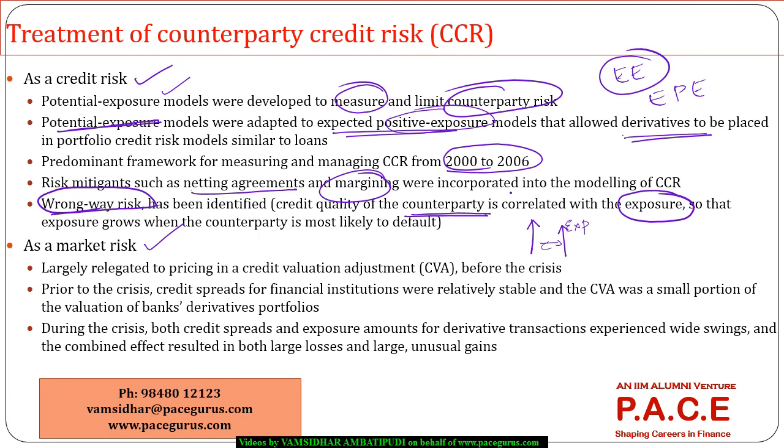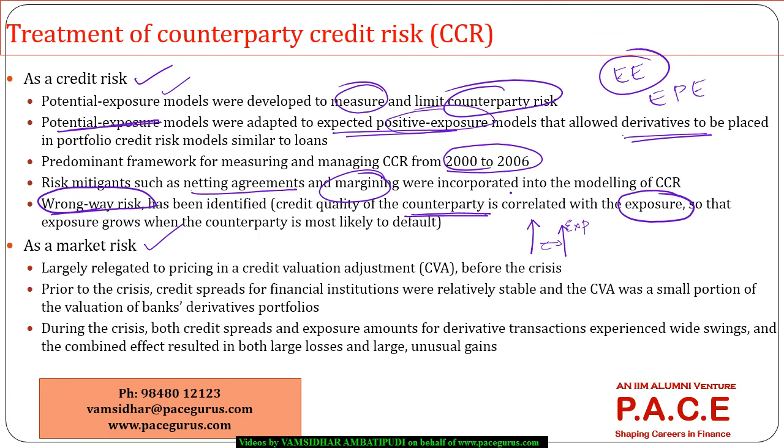Now this is where we understand that it's not just credit risk that has to be considered for counterparty credit risk. There is an element of market risk also coming into the picture because of the identified wrong way risk.